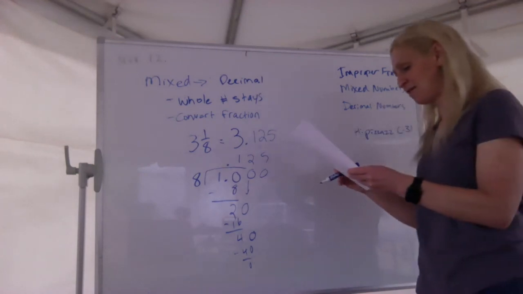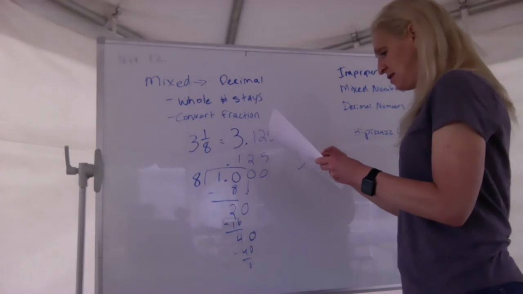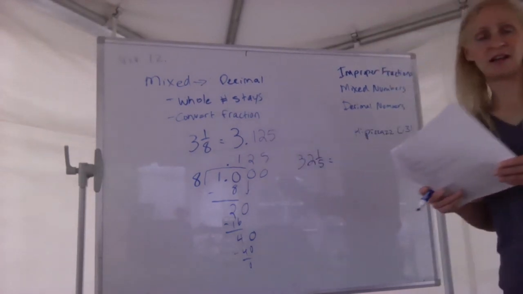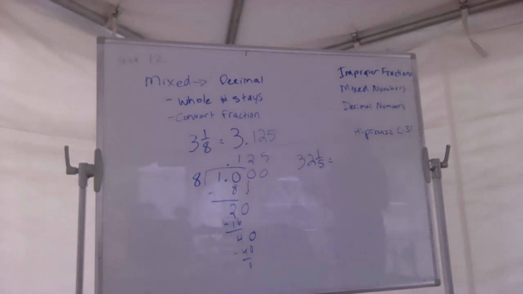All right, let me have you do one on your own. So 32 1/5. Go ahead and convert that to a decimal.